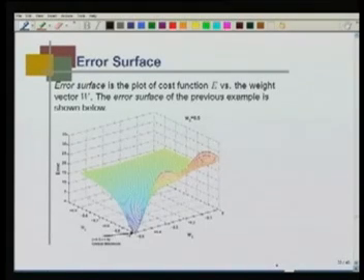And the error surface is the plot of cost function E versus the weight vector W. You can see how finally we reach the global minimum, because this is a linear dynamics, so we can easily reach the global minimum, that is not a problem.